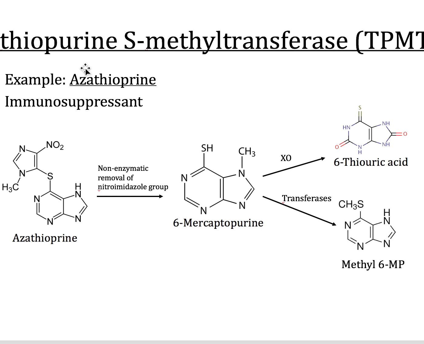TPMT, so where do we use thiopurine S-methyltransferase? Azathioprine, you might have heard of it before, is the immunosuppressant. If you watched my previous video, you would know that this molecule is the immunosuppressant used when you're having a donor transplant. Non-enzymatic removal of this, and xanthine oxidation takes place to form the 6-MP version. This is the active version, and the TPMT acts here.